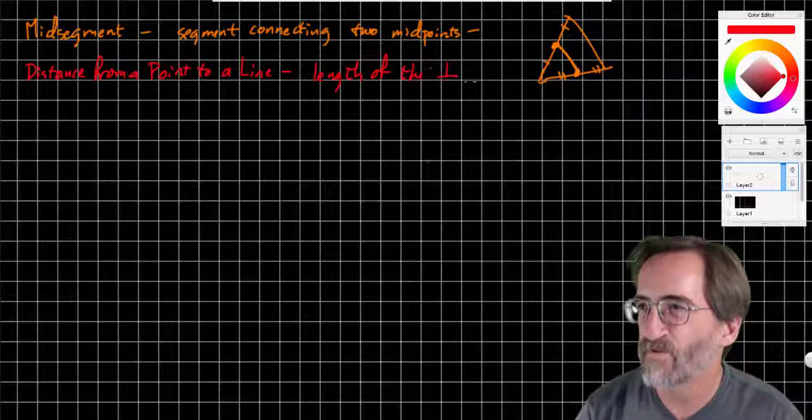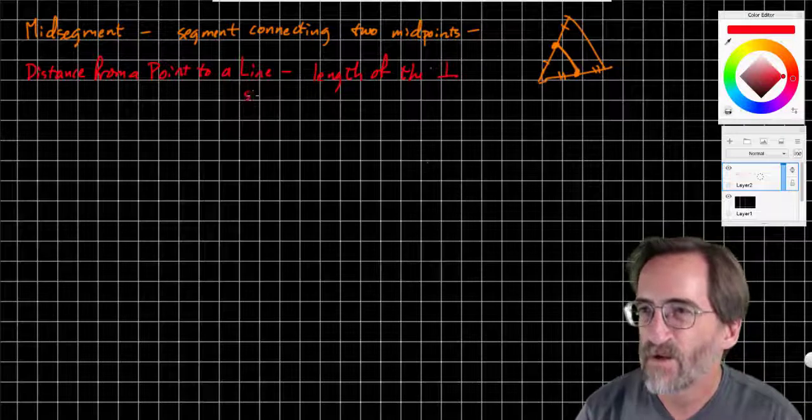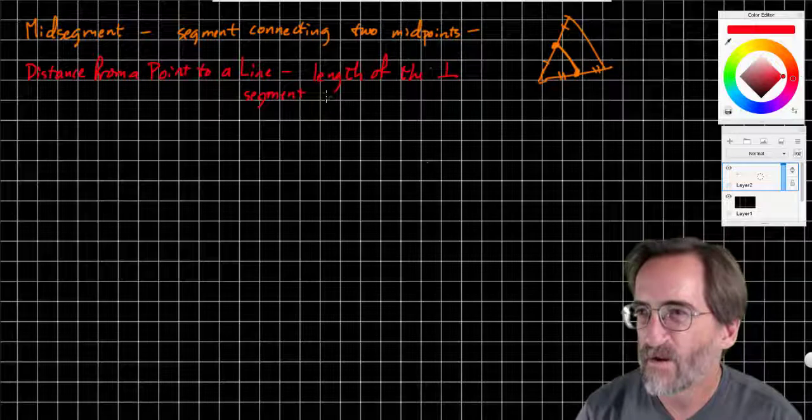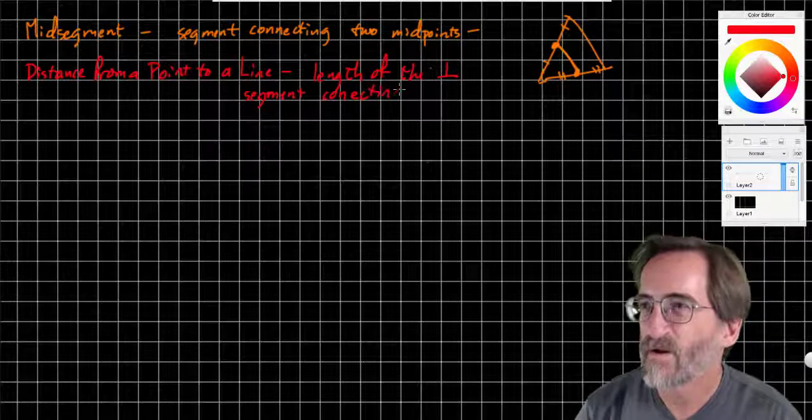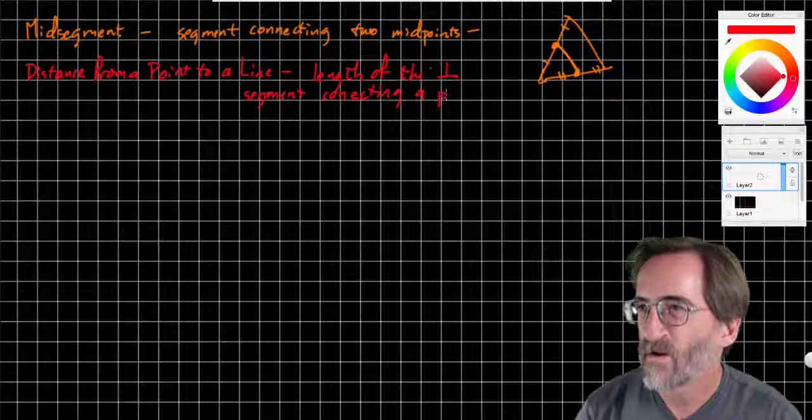We'll use the symbol for perpendicular, connecting a point to a line.